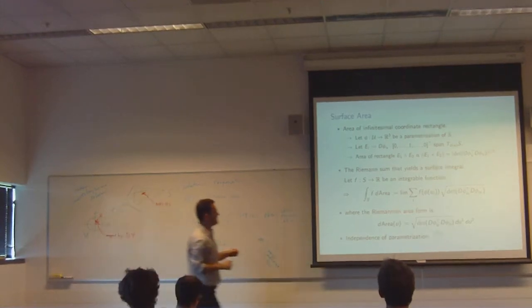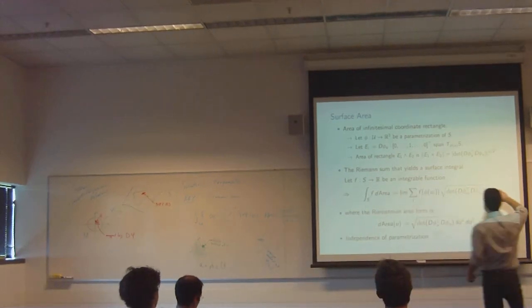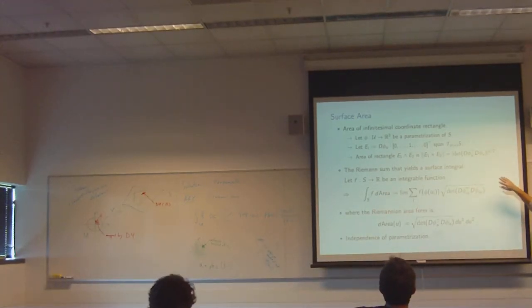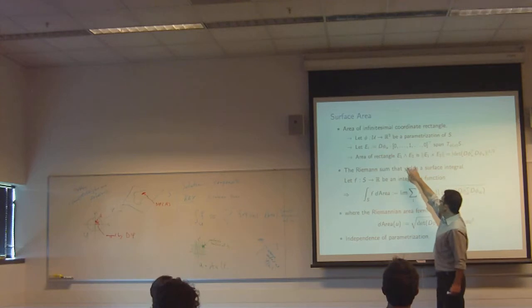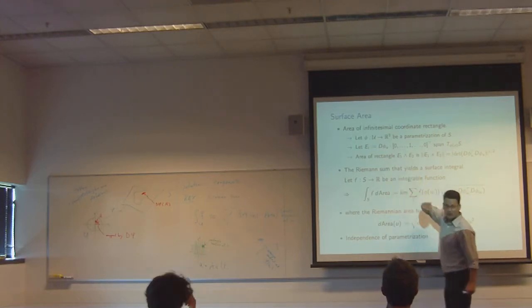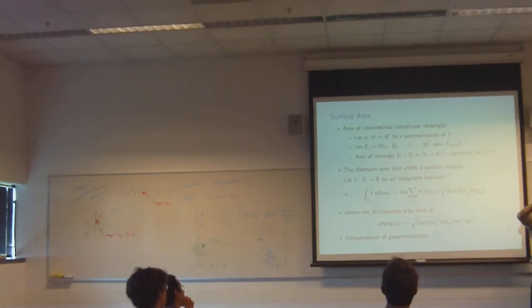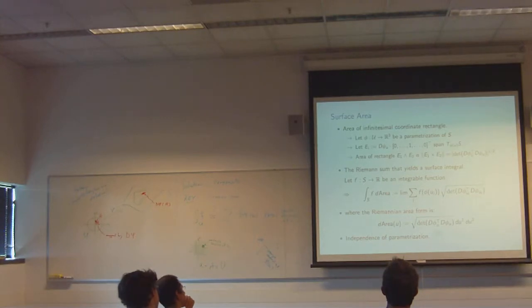Right, so let's look over here. If you have two vectors, E1 and E2, and I put a little wedge between them, the wedge of two vectors is a coordinate rectangle. So the area of a rectangle spanned by two vectors is the length of their cross product, elementary geometry.